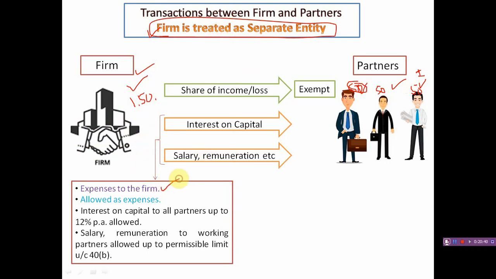First one, as you understand, these are expenses to the firm. Second one, these are treated as allowable expenses. For the tax purpose, these two items are treated as allowable expenses.